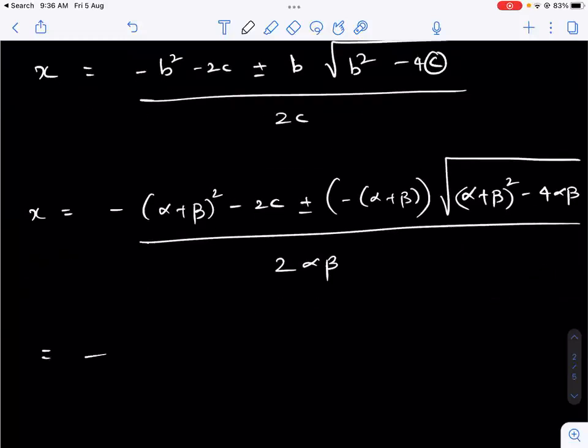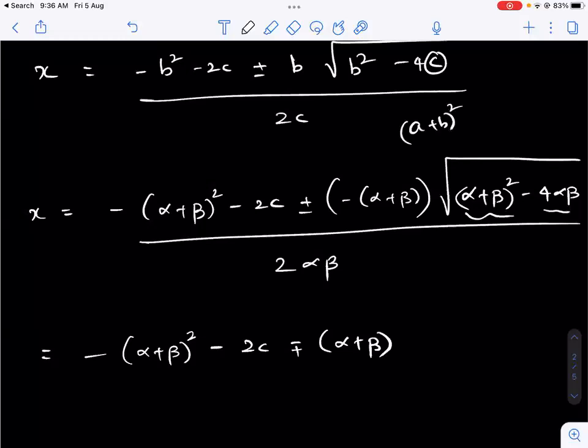This will be minus of (alpha plus beta the whole square minus 2c) minus or plus (alpha plus beta) into root of (alpha plus beta the whole square minus 4 alpha beta). How much is that? a plus b the whole square minus 4ab is a minus b the whole square.